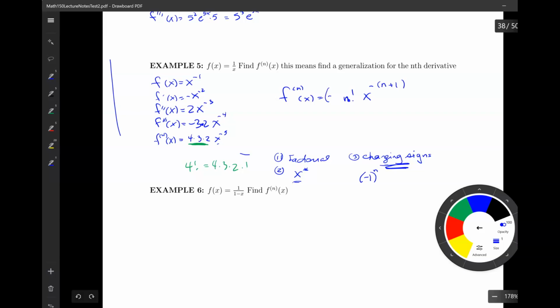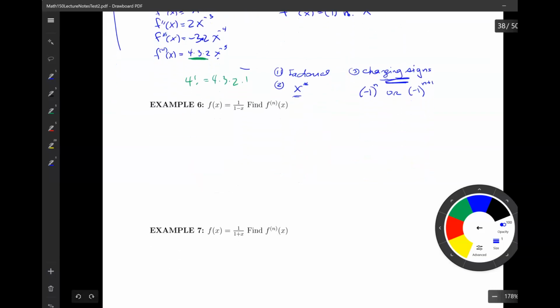So if I put down negative 1 to the n, does it work? When I'm doing the fourth derivative and I put n equal 4 in, does it make it positive? It does. Check more than one so you make sure you don't make a mistake. If I put a 3 in here, it makes it negative. That works. If this doesn't work, the other one will, negative 1 to the n plus 1 power. So choose one, and if it doesn't work, go to the next one.